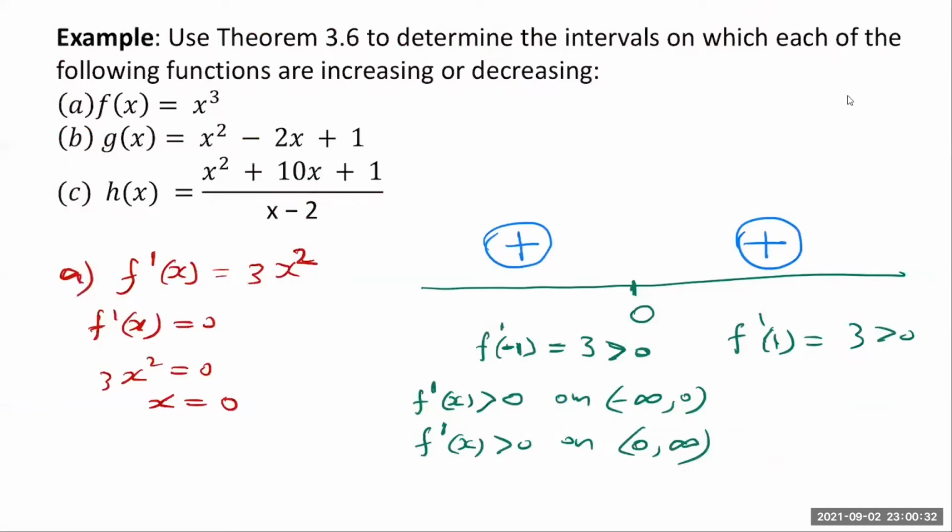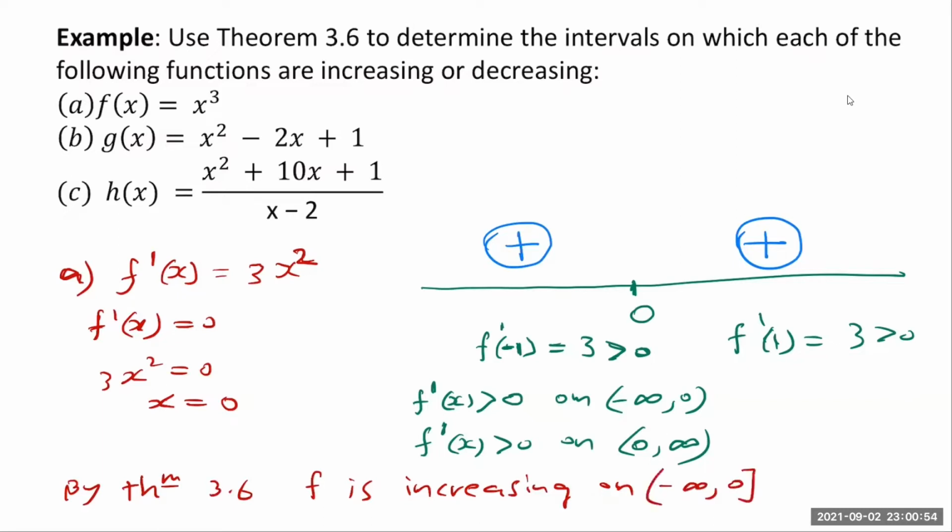So by the previous theorem, theorem 3.6, f is increasing on minus infinity comma 0, closed. I include 0 there, and also on 0 comma infinity, again including 0, because the theorem only requires f prime to be positive in the interior of that interval.